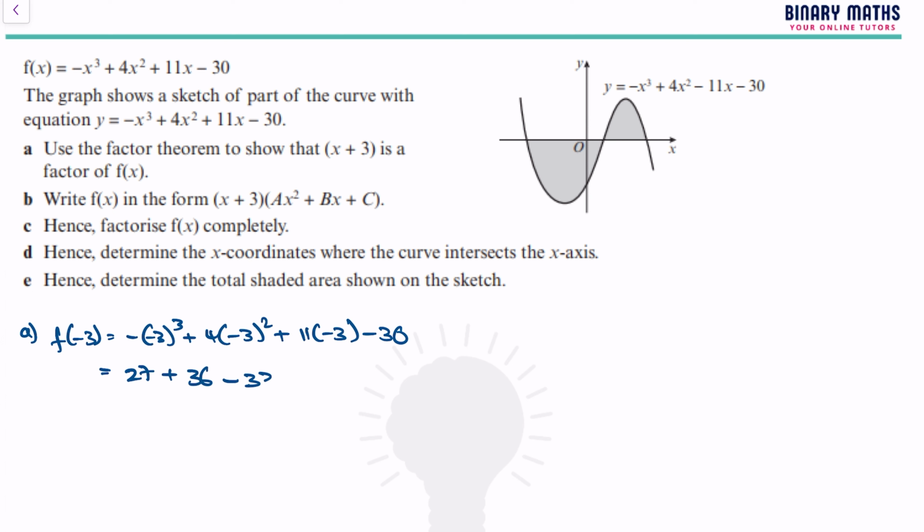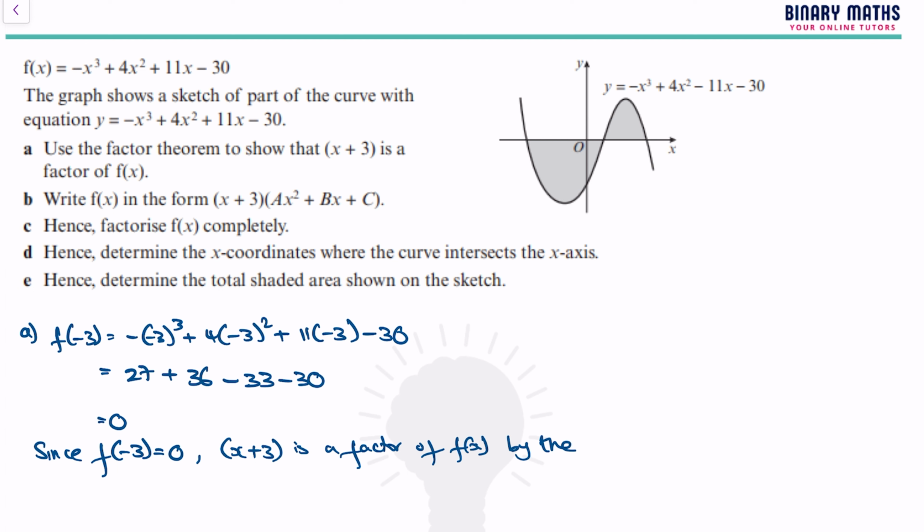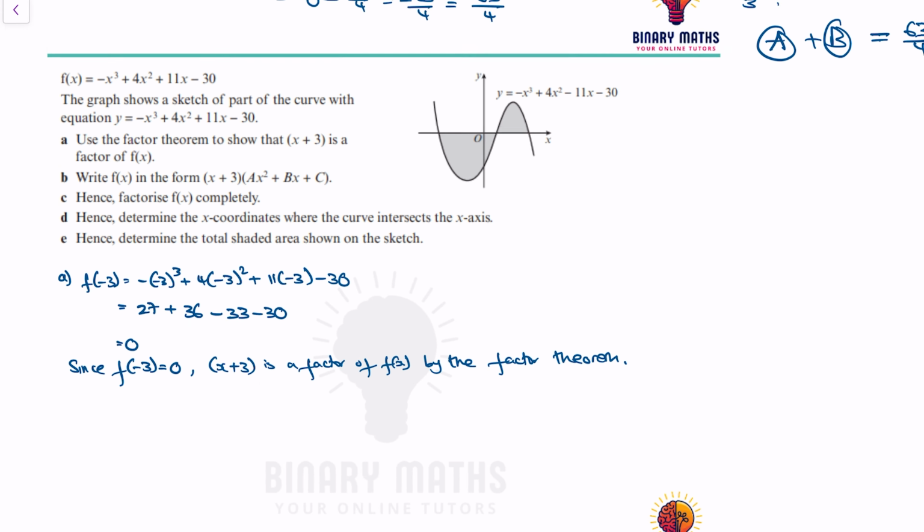Take away 33, take away 30, which gives me 0. Since f of minus 3 is equal to 0, x plus 3 is a factor of f of x by the factor theorem. Okay, that's part A done.